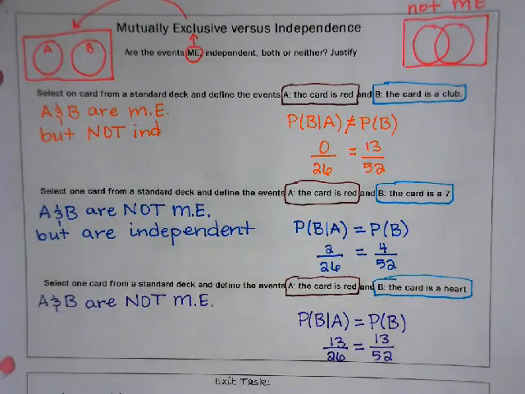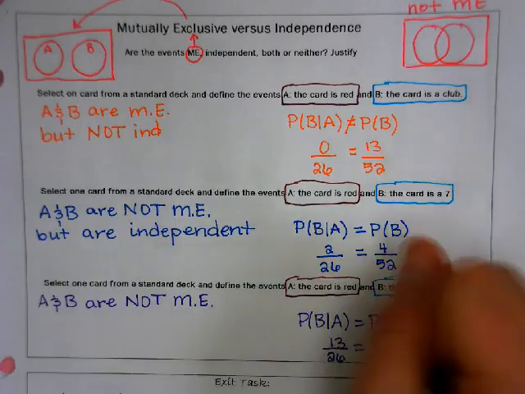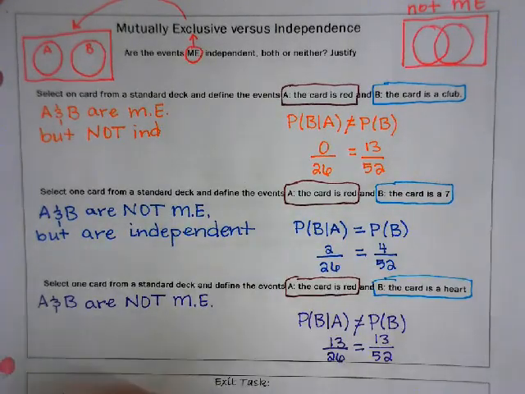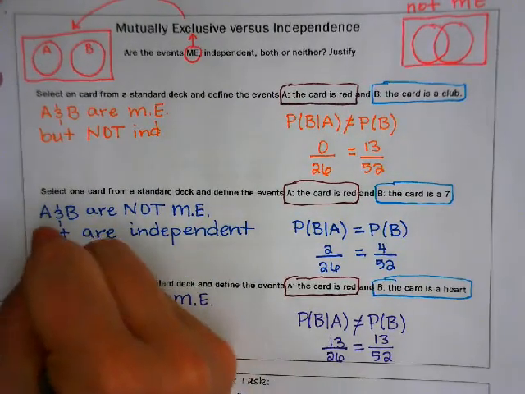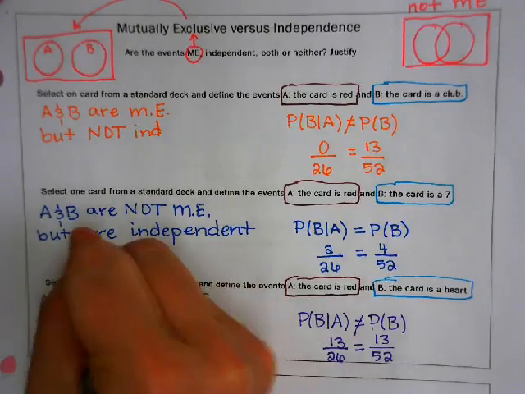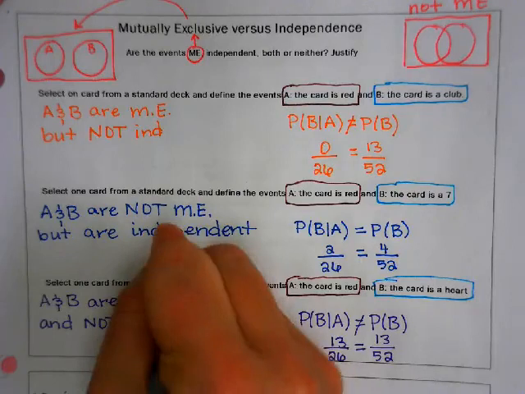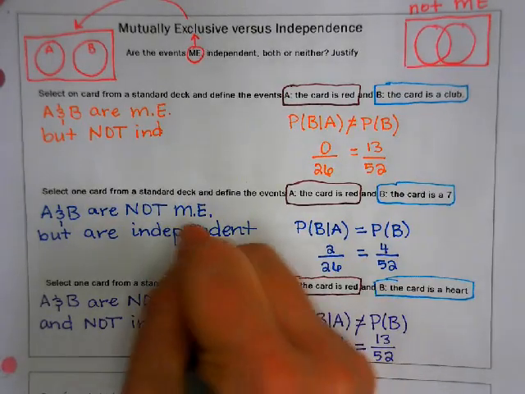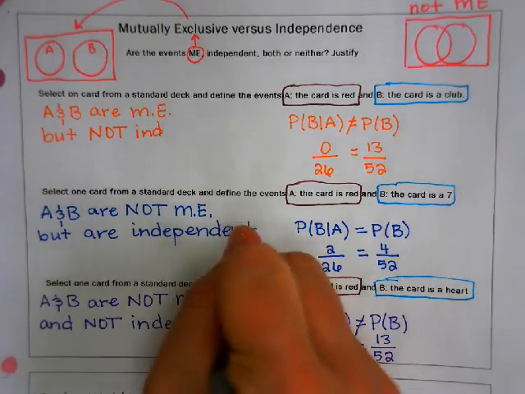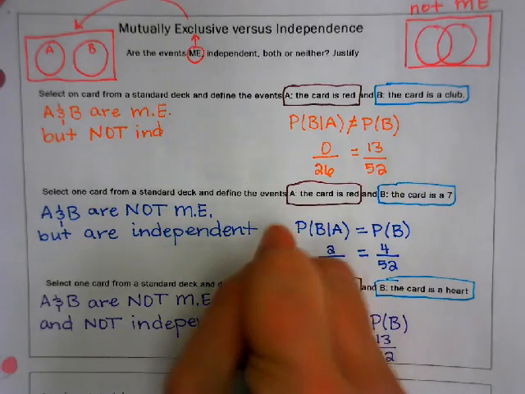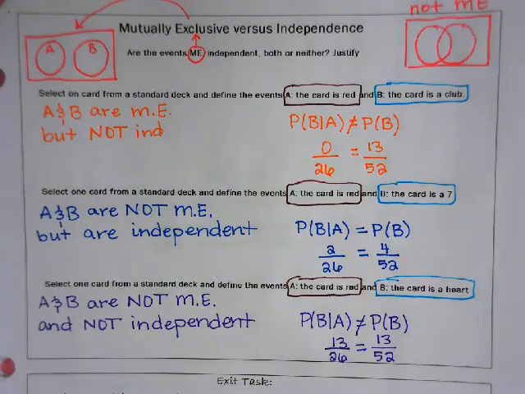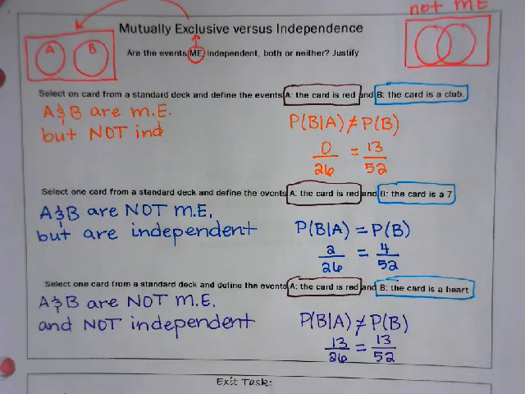Which combination did I not cover? Mutually exclusive and independent. I've yet to find one. Unless I really set the numbers up perfectly, but then it's not really a true life example.